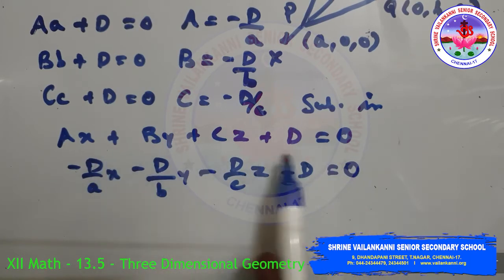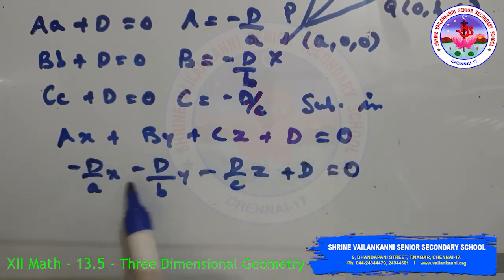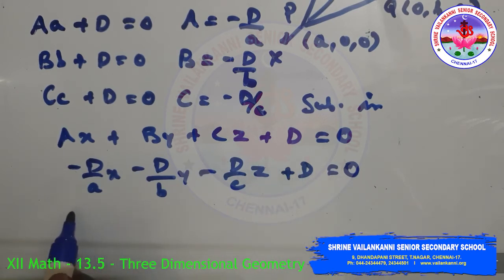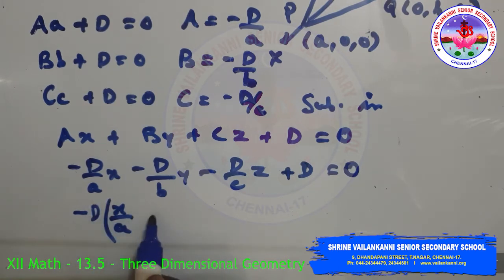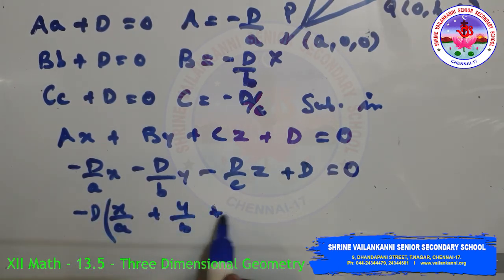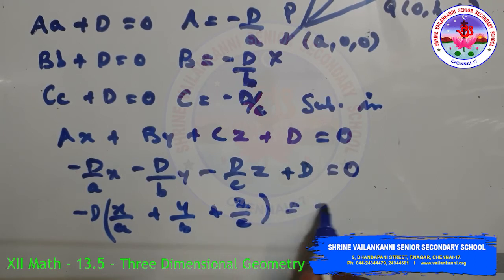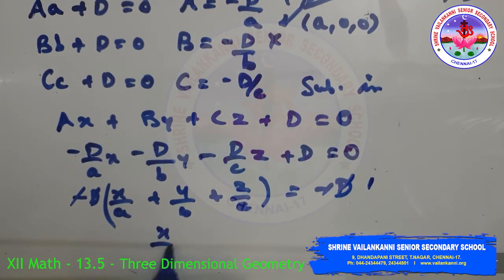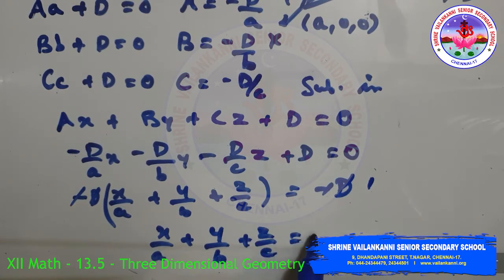Substituting these values in the equation of the plane, we get minus d by a x minus d by b y minus d by c z plus d equal to 0. Taking d as common, minus d times (x by a plus y by b plus z by c) equal to minus d. So cancelling negative and d, we get x by a plus y by b plus z by c equal to 1, which is the required equation of the plane in intercept form.